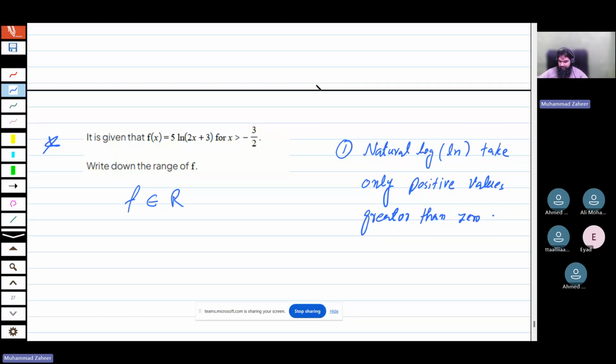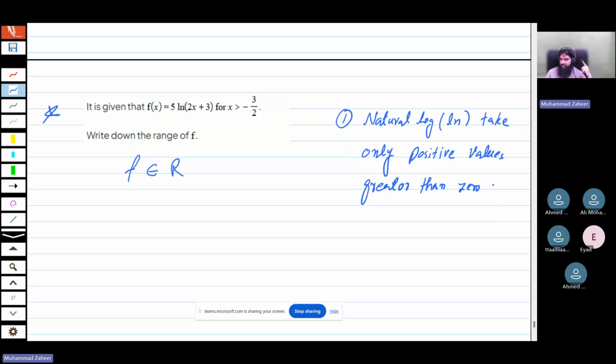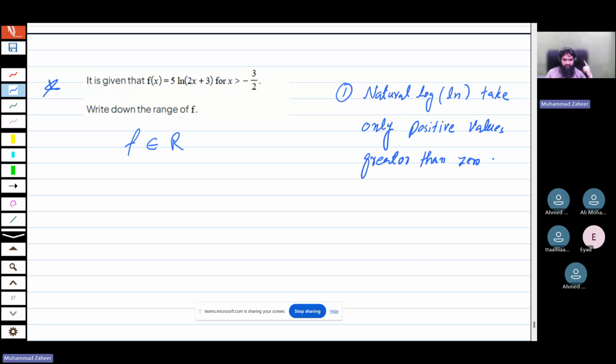Look here, when I substitute log of 0, it shows me it is undefined. So the first point you have to make sure of is that the natural log always takes a positive value.